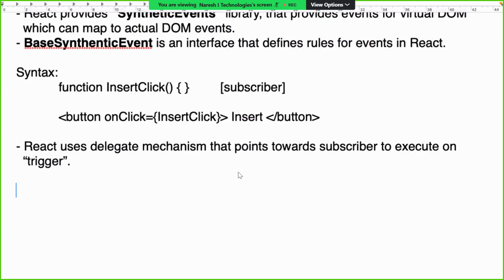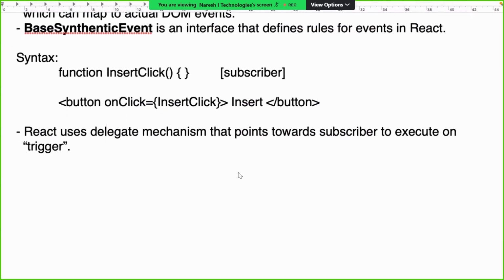One is this, another one is event. What is special in React is the arguments are available by default. That means the default arguments are accessible implicitly. Arguments are passed implicitly. You have to just access them.